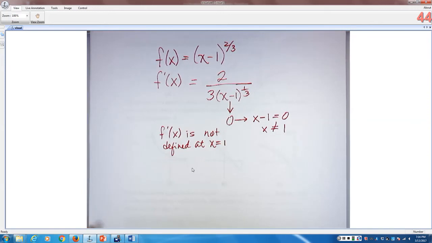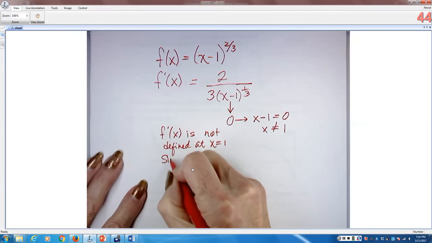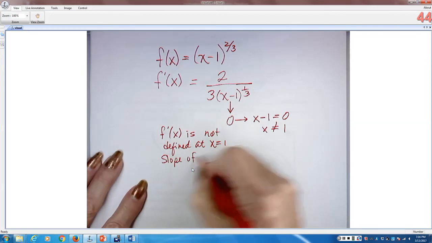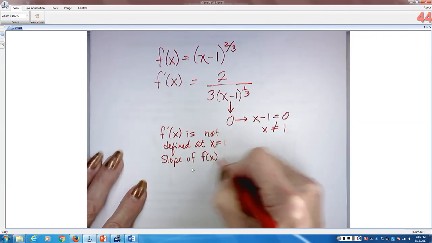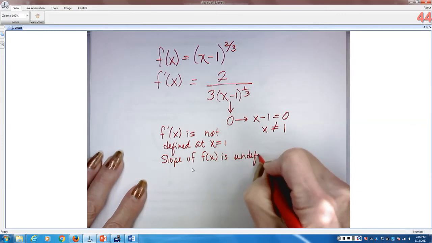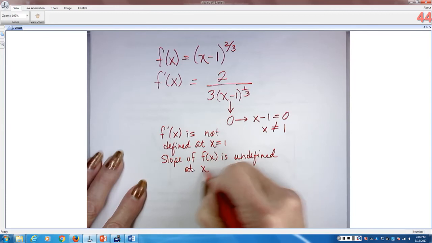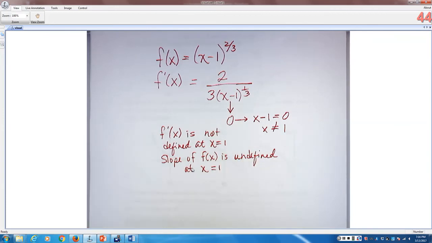So that tells me the slope of that function is undefined at x equals 1.